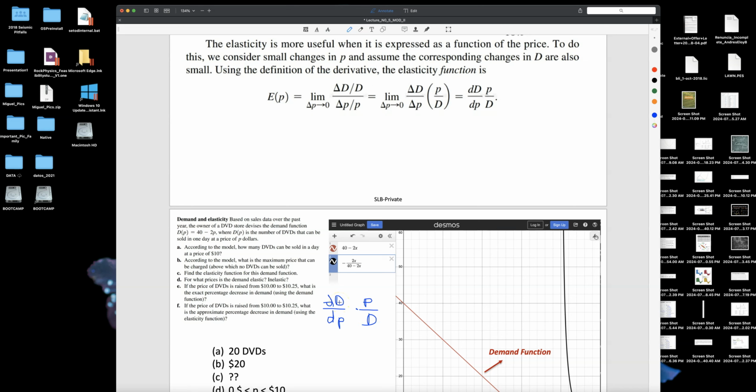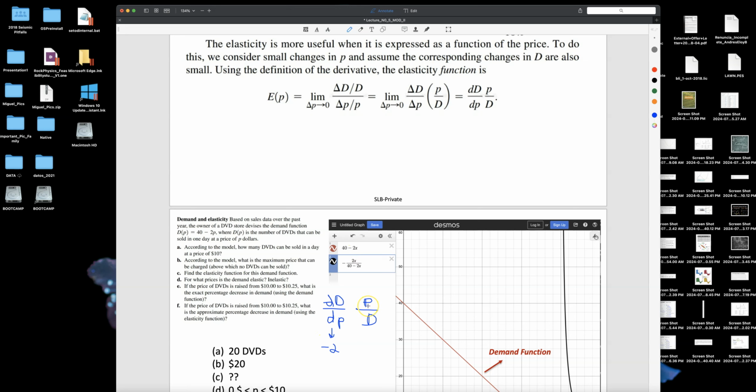So if I take the derivative of the demand function with respect to the price, it's going to be the derivative of this one. The derivative of this one is going to be minus 2. We know that, okay? Because it's the derivative of this linear function, and the derivative of a linear function is just the slope of the function, which is in this case minus 2.